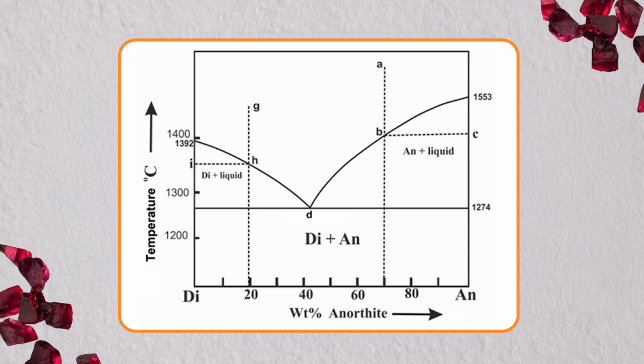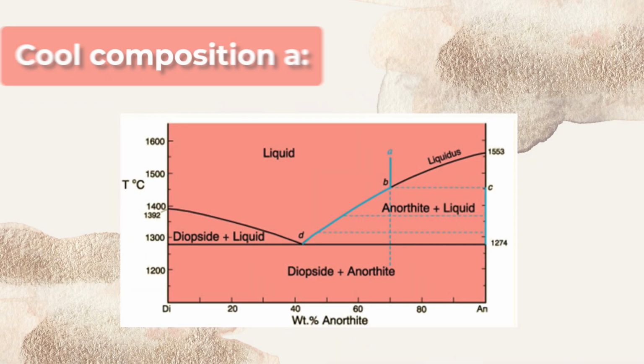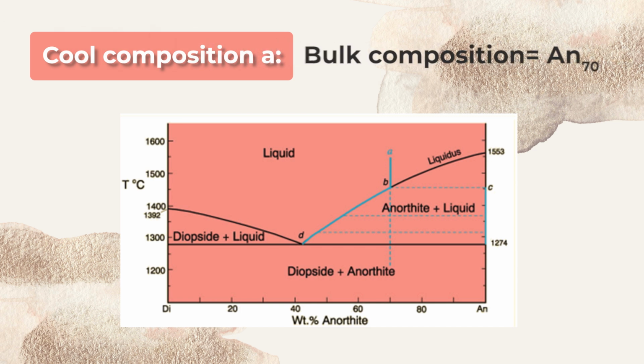Diopside is on my left hand side, anorthite on my right hand side, and temperature is shown on the vertical axis. Cooling composition A equals bulk composition equals AN70. Let us consider a point A in the graph, that is the liquidus graph.